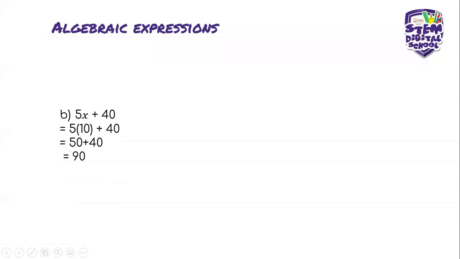So in D, you have 5 open bracket x plus 40, and this becomes 5 open bracket 10 plus 40. Remember that the value of x is 10, so if you substitute it, you get 10 plus 40, which is 50. And 50 multiplied by 5 is 250. So that will be the value of the expression in D.